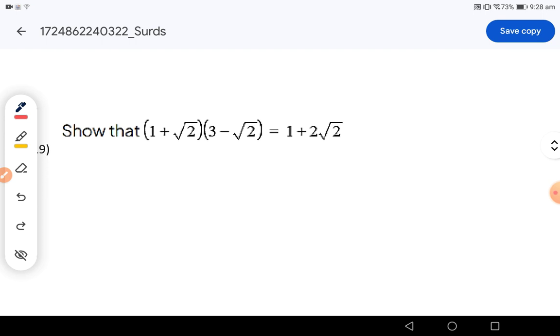Question 19: (1 plus root 2) multiplied by (3 minus root 2) equals 1 plus 2 root 2. 1 into 3, 3, minus root 2, plus 3 root 2, minus 2. 3 minus 2, 1, and 3 root 2 minus root 2 is 2 root 2. So 1 plus 2 root 2.